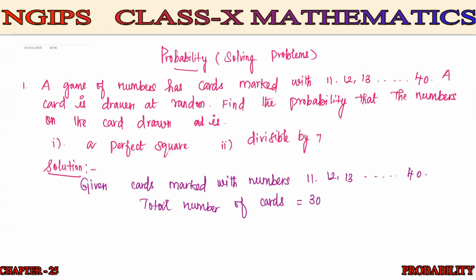The first sub question we have, a perfect square. A perfect square number, so in between 11 to 40 we have to take the square numbers.